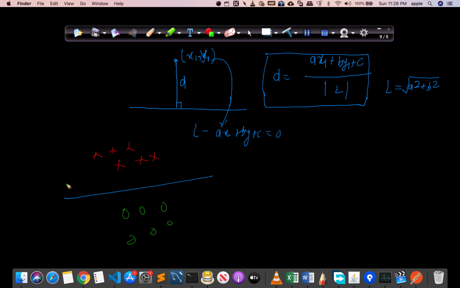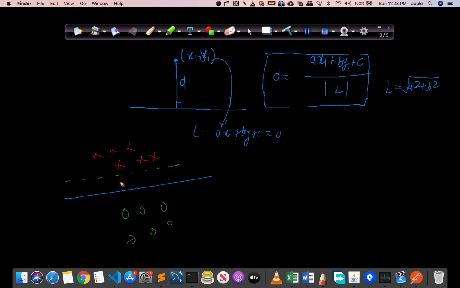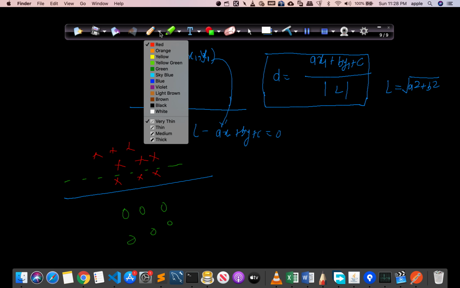Suppose we draw a line like this. This is also classifying the points very easily, but it is very close to these points. What will happen if in future some points come here, or some points are here? This particular line will fail to classify.